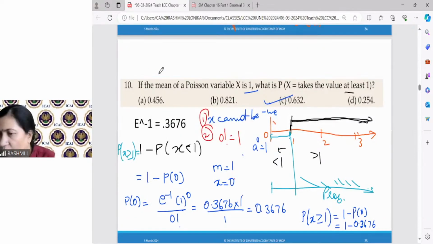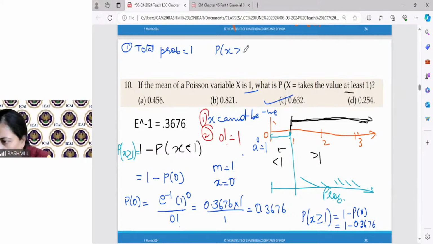Just write it over here. The important thing for distribution is that sometimes you know everything individually, but just because the sum comes together, you have to apply the concepts together. So what is that? The total probability is always equal to 1. That is why I could do that P(x greater than or equal to 1) is equal to 1 minus P(x less than 1).